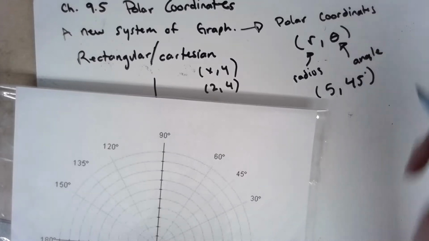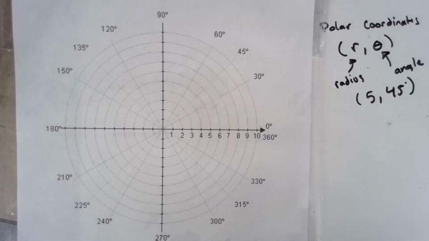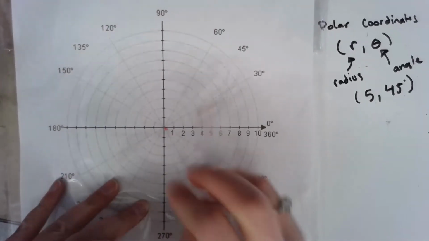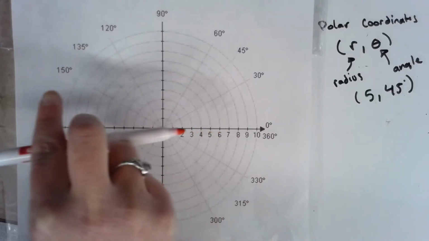So if we have polar coordinates, we might have something like 5, 45 degrees. The way we think about polar coordinates is that we're standing here at the pole, and we always start facing 0 degrees.